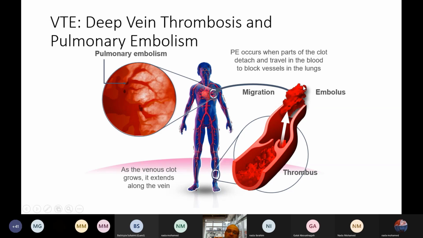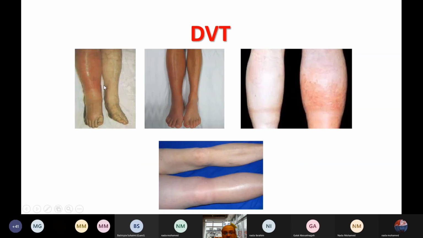If the patient survives and no pulmonary embolism occurs and the DVT is resolved, the valve will be destroyed and the patient will suffer from post-phlebitic syndrome, and hence the deep system pressure will increase, resulting in reflux in the superficial system and a secondary varicose vein with its sequelae as a post-phlebitic and venous ulcer. This is DVT.